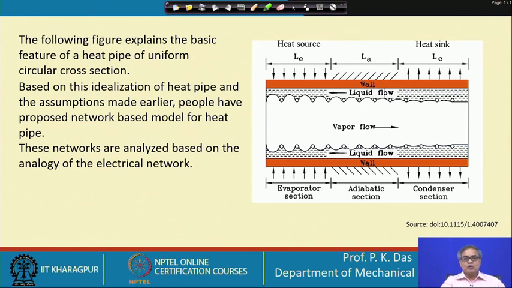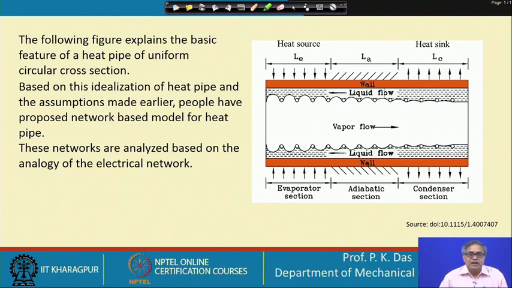There are different nodes or lumps connected by network, and basically there will be 2 networks which we will see. So, these networks are analyzed based on analogy with electrical network. So, electrical circuit analysis we are familiar, all engineers are familiar, they have done some electrical circuit analysis at some time of their training.